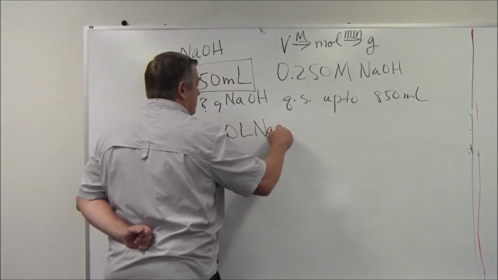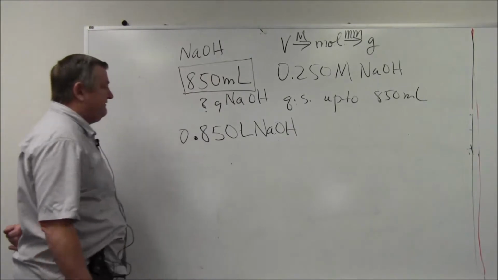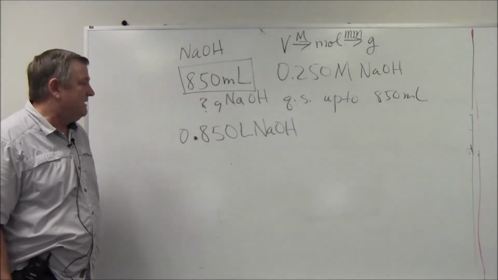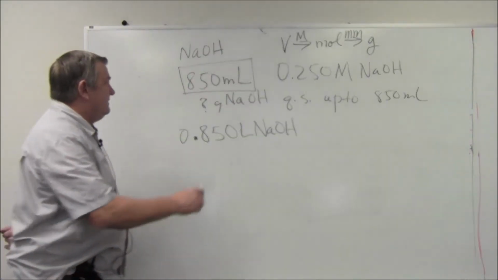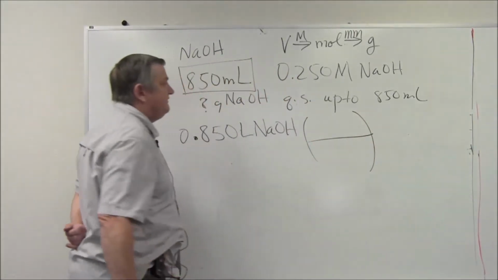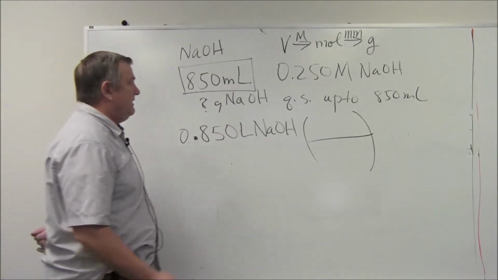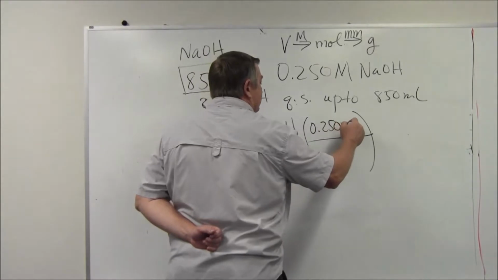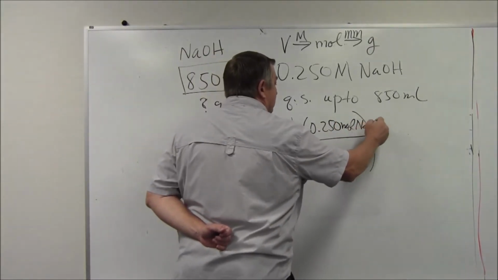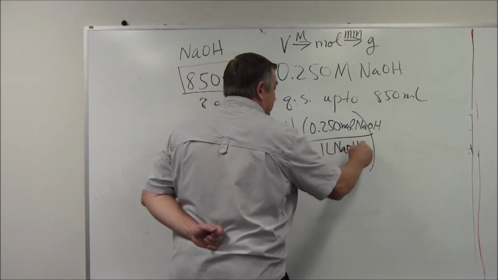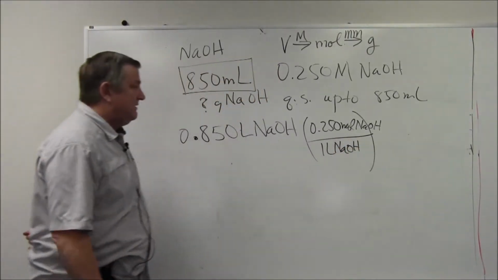And so it's 0.850 liters of NaOH. Okay? And now the desired molarity is 0.25 molar. And so I rewrite that. That is 0.250 moles of sodium hydroxide per 1 liter sodium hydroxide solution. That's my molarity.